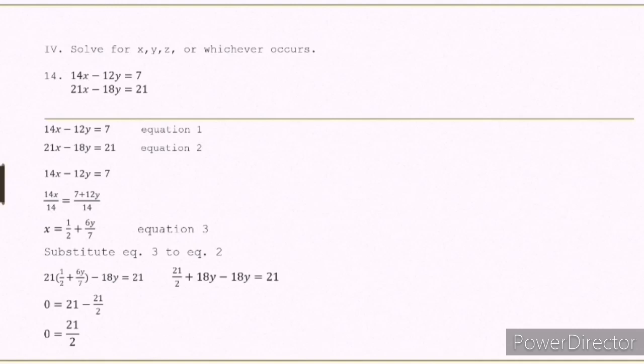So 21 times 1/2 is 21 over 2 plus 18y minus 18y is equal to 21. 18y and negative 18y are eliminated, so 21 over 2 is equal to 21.